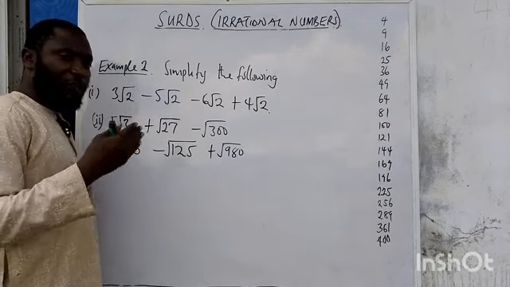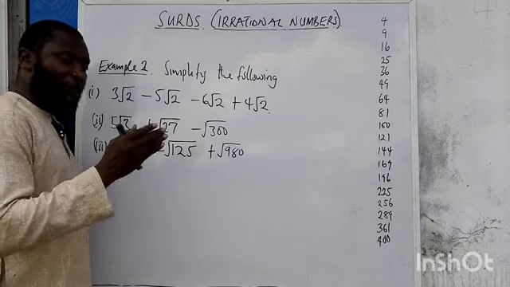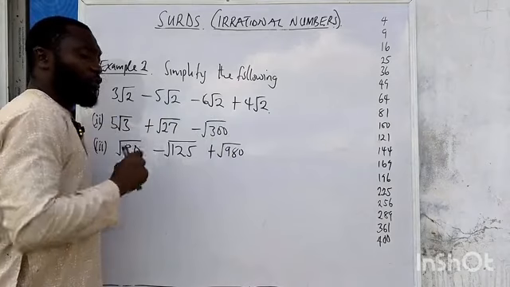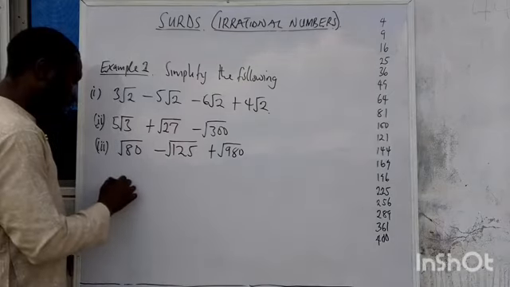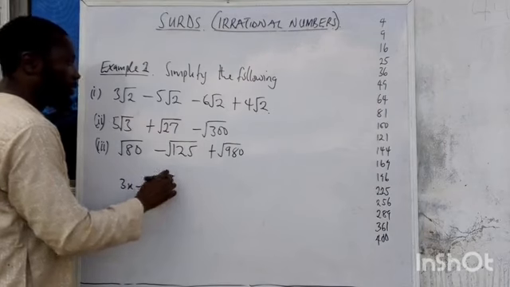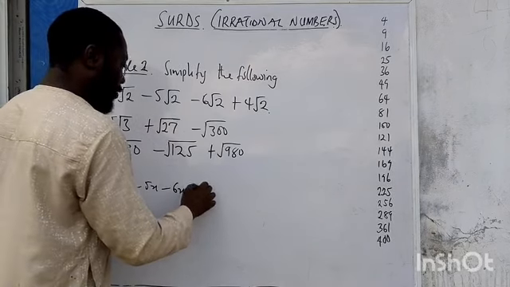And when you are adding similar surds together, you are adding the coefficients, or you are finding the difference of the coefficients. This root 2 is common, so you don't need to touch it. It's just like when you have 3 root 2, it's just like you have 3x minus 5x minus 6x plus 4x.